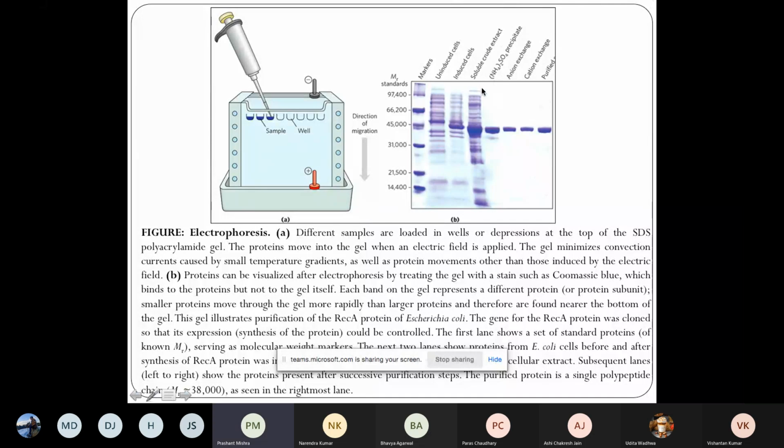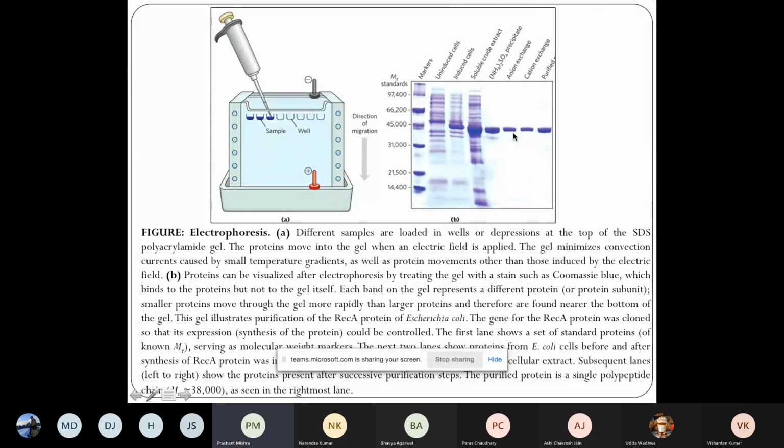The fourth lane is showing soluble crude extract. This soluble crude extract is the one which you have isolated for protein purification from, say, a microbial cell. And then you can see ammonium sulfate precipitation, anion exchange chromatography, cation exchange chromatography, purified sample.